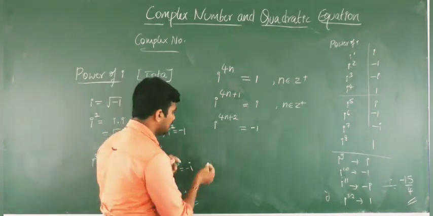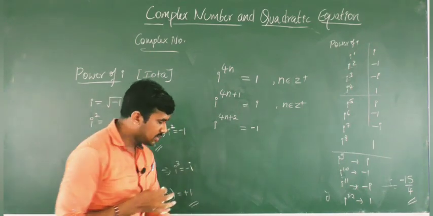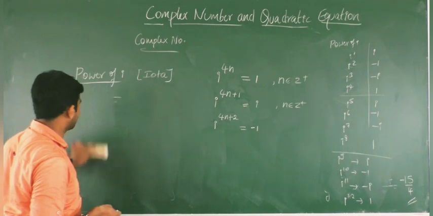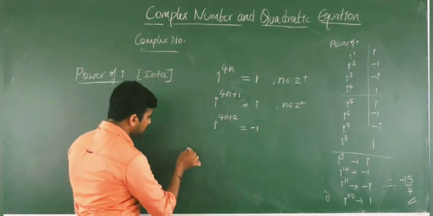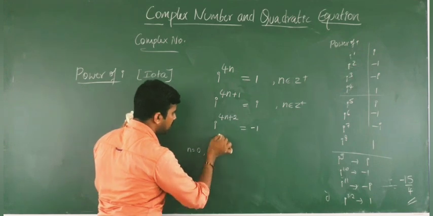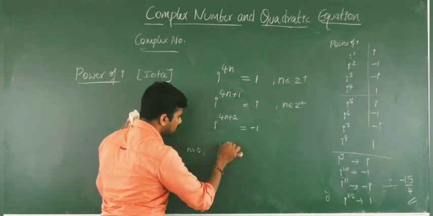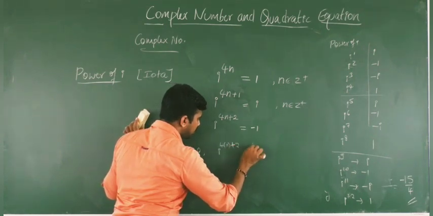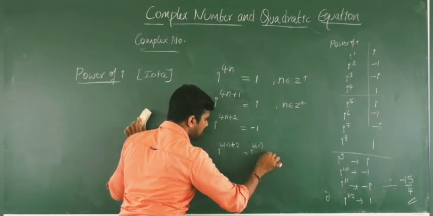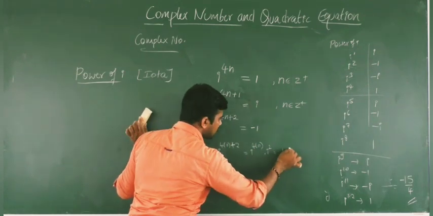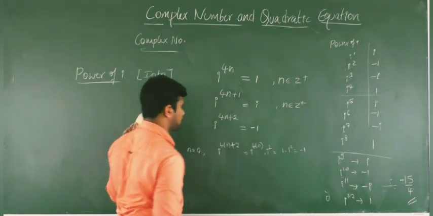Because see, if you consider n equal to 0, then i to the power 4 into 0 plus 2 is nothing but i to the power 4 into 0 times i to the power 2. i to the power 4 into 0 is 1. 1 into i squared is nothing but minus 1.